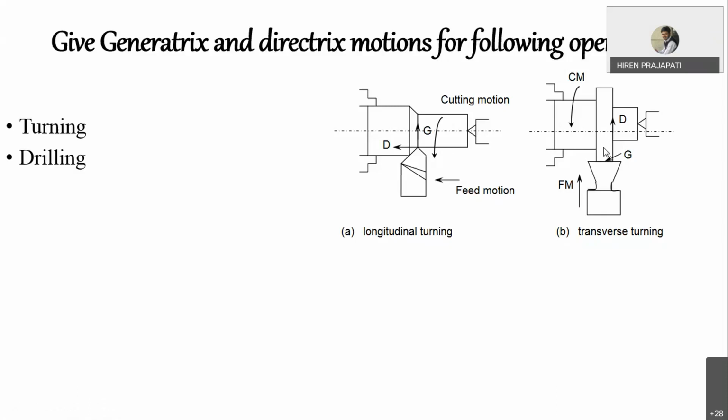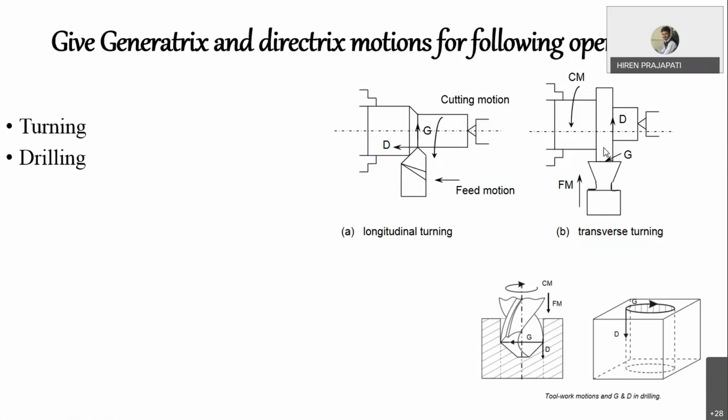Now the second operation is the drilling operation. If you look here, this is the demonstration of drilling operation. Here again, this is a workpiece. In drilling, we are not giving any movement to the workpiece.